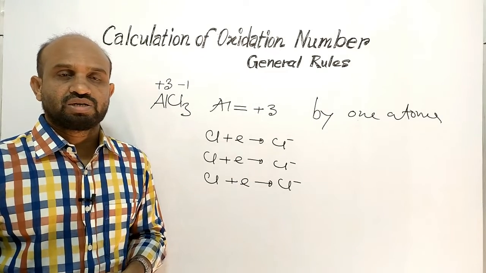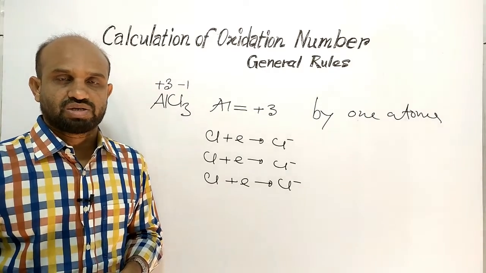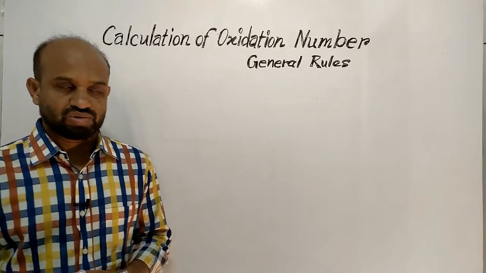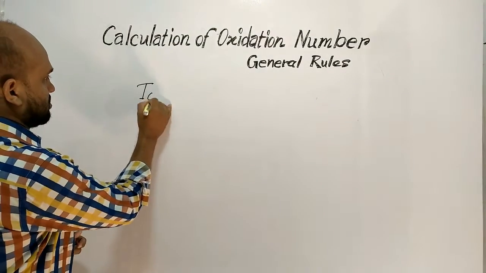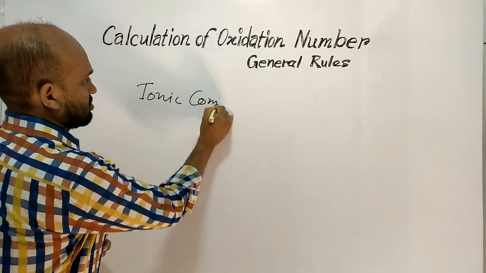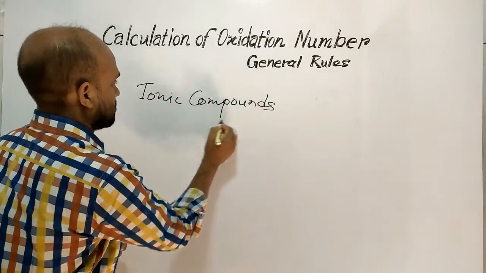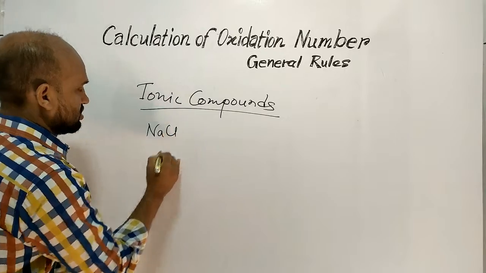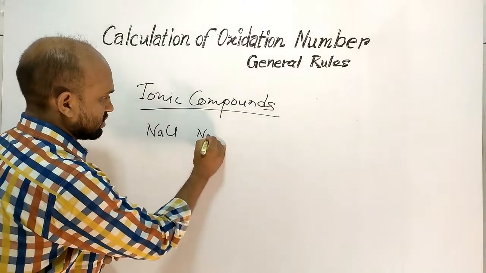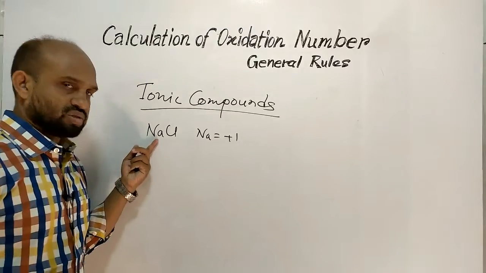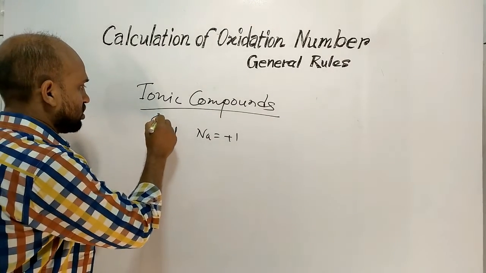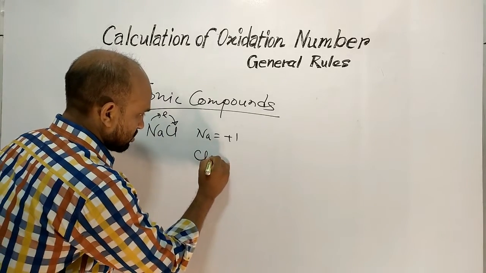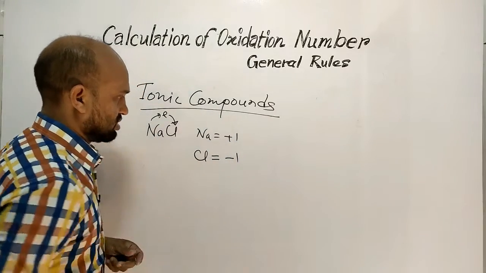Now let's see the general rules for calculating oxidation numbers in detail. Oxidation number of elements in ionic compounds. Ionic compounds, suppose sodium chloride. Here oxidation number of sodium is +1, because in this compound sodium donated 1 electron and chlorine accepted that electron. That is why oxidation number of chlorine is -1 here.